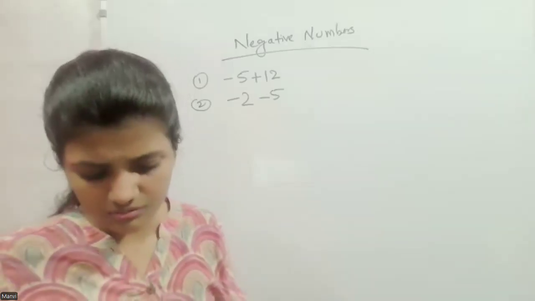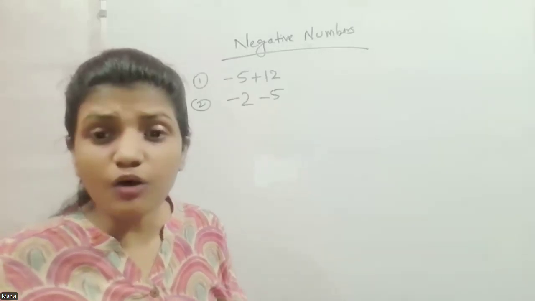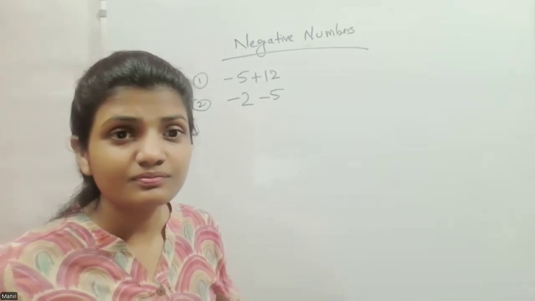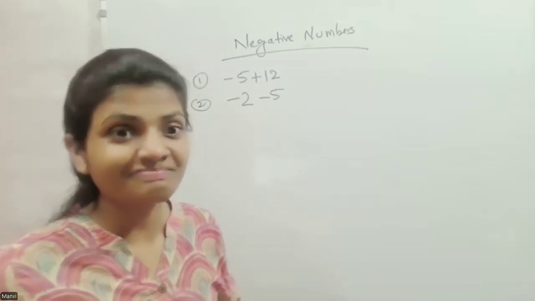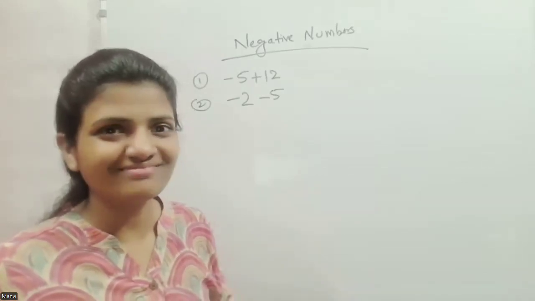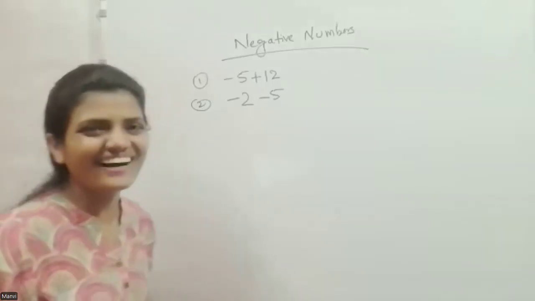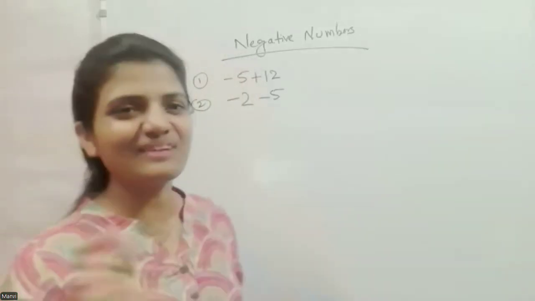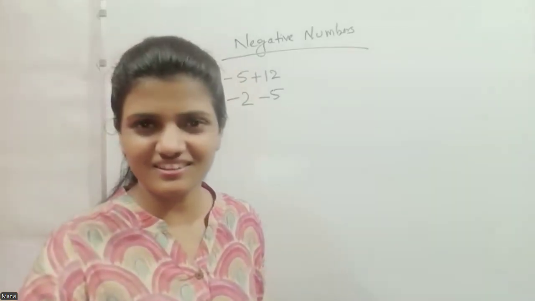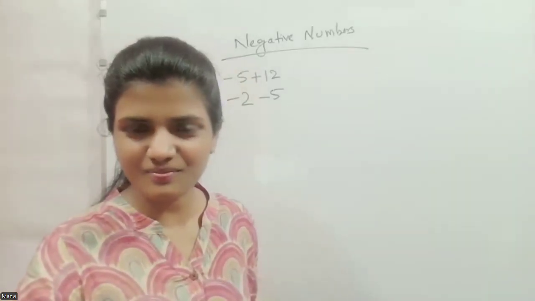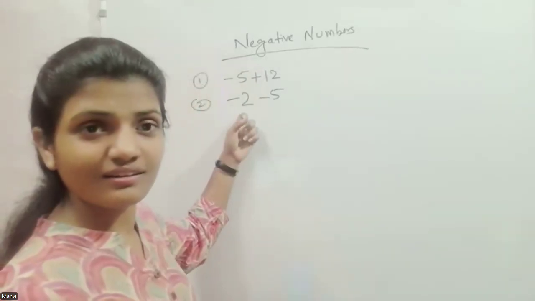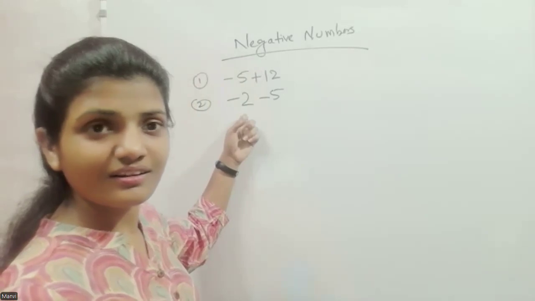This time, Jessica, what did you write, 7 or -7? -7. Okay, let me explain this for Rian's. Oh, you wrote the answer for this question, Rian's? Yeah, then you are correct.